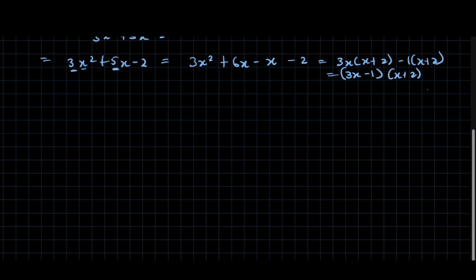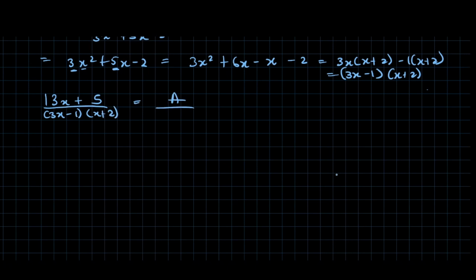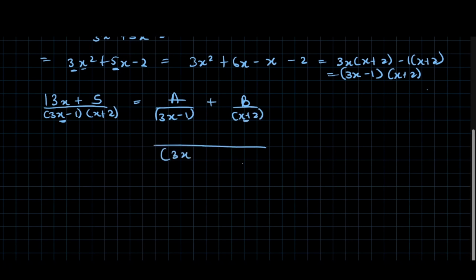Now moving on to setting up the partial fraction, it will be 13x plus 5 over 3x minus 1 and x plus 2 equals A over 3x minus 1, the first denominator, plus B over the second denominator, x plus 2. Now we're simply going to take the LCM, which will be 3x minus 1 and x plus 2, the multiplication of both of them.